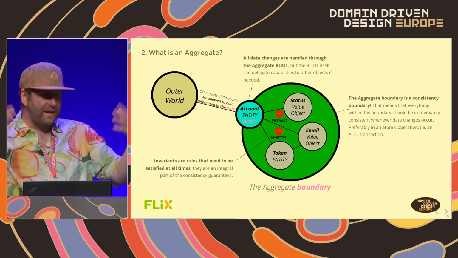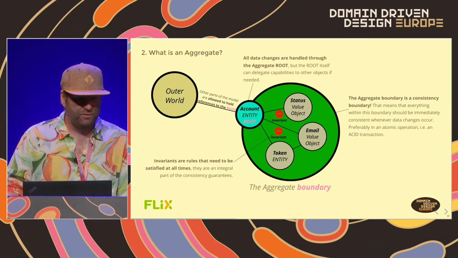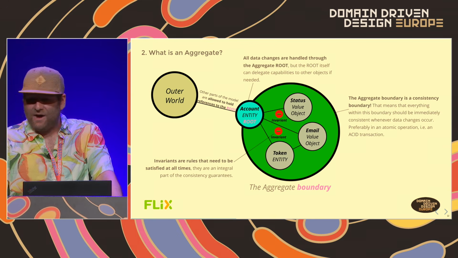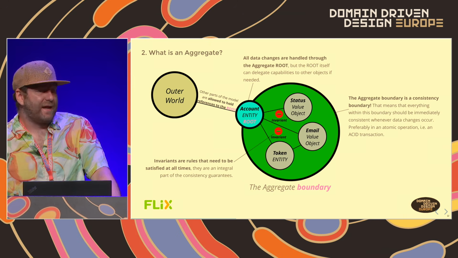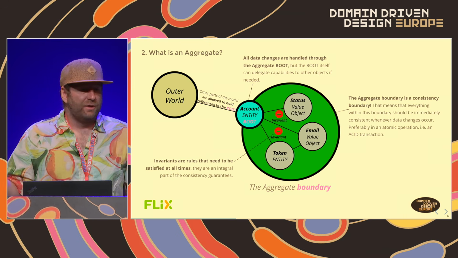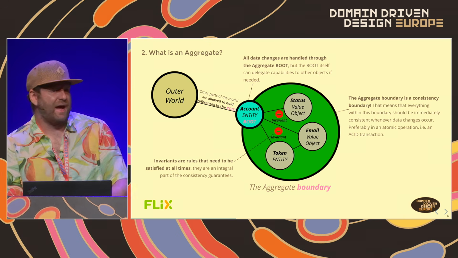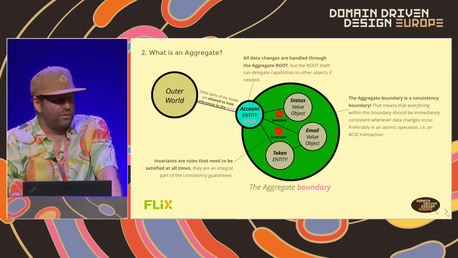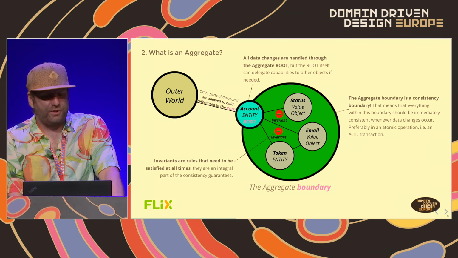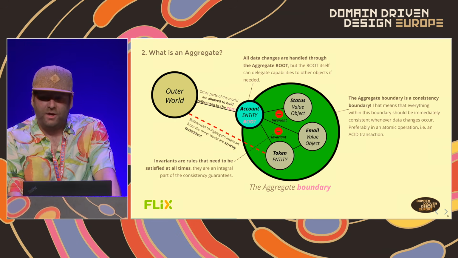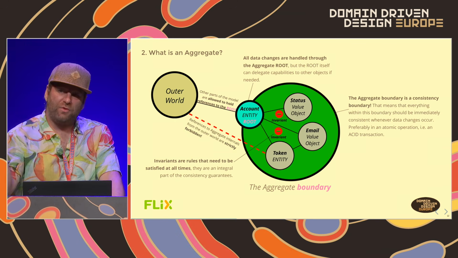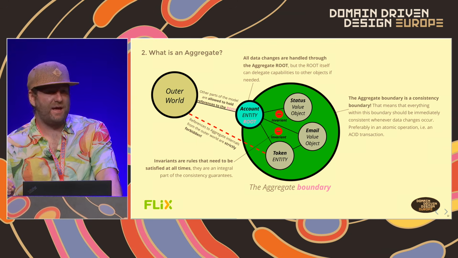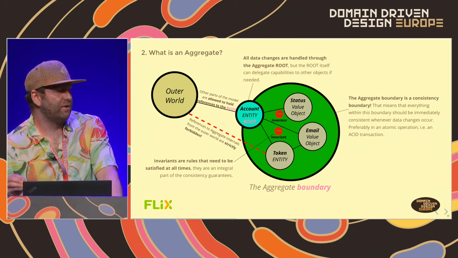You can use a namespace, a module, or an object. It doesn't matter. But you have to somehow get this invention of the boundary into something concrete that your development team will understand. So if I say the outer world can only have references to the root, exposing references to the insides of the aggregate, on the other hand, should be something to avoid.